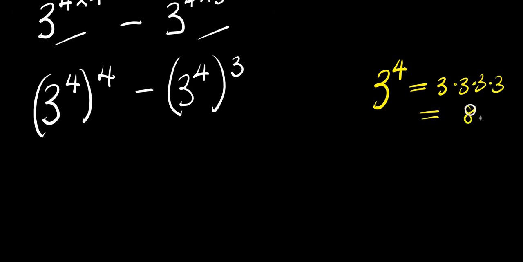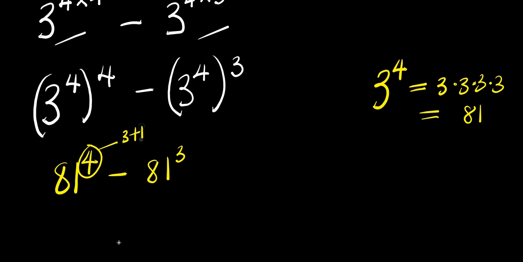This is 81. So you have 81 power 4 minus 81 power 3. I can as well express this as the summation of 3 plus 1. I have 81 power 3 plus 1 minus 81 power 3.